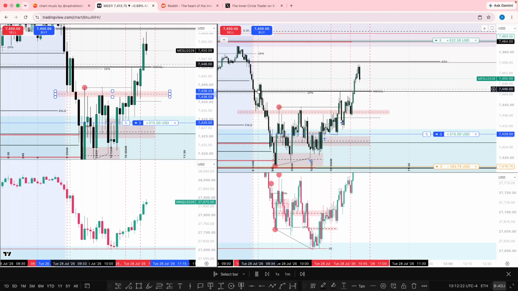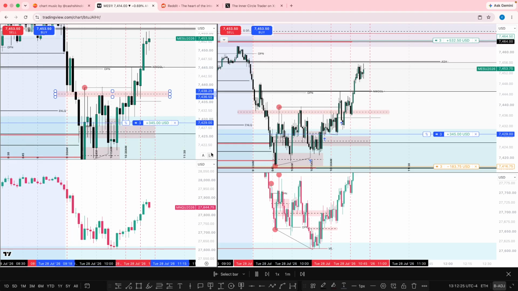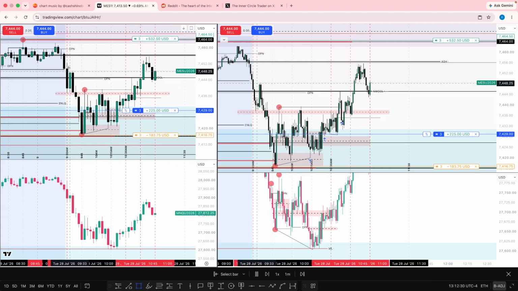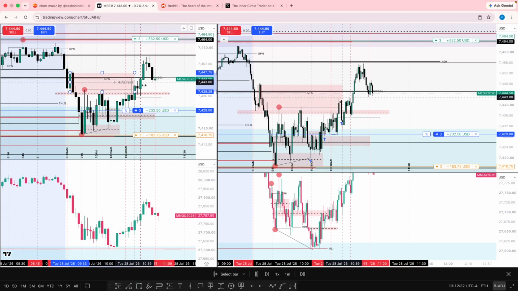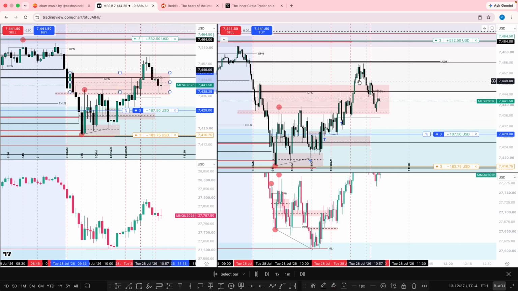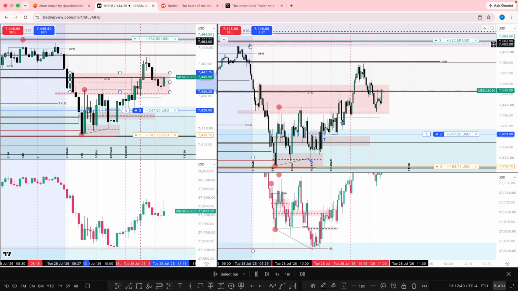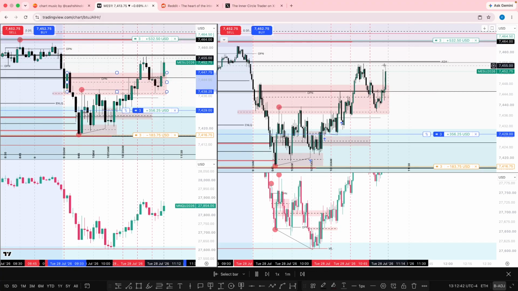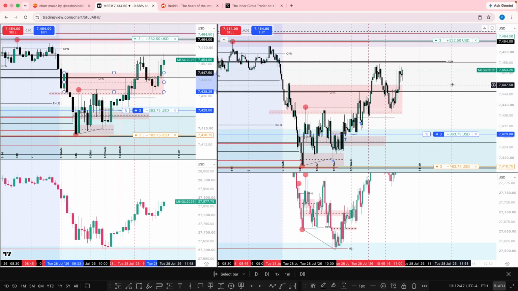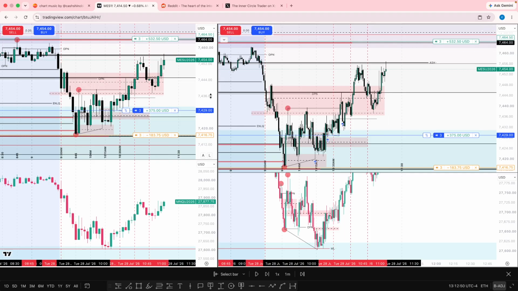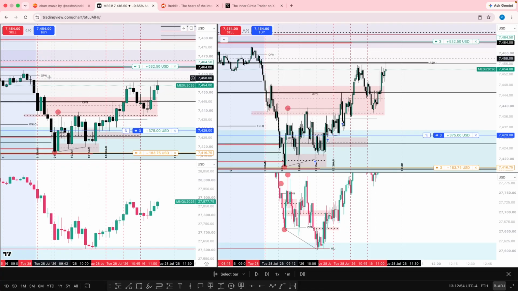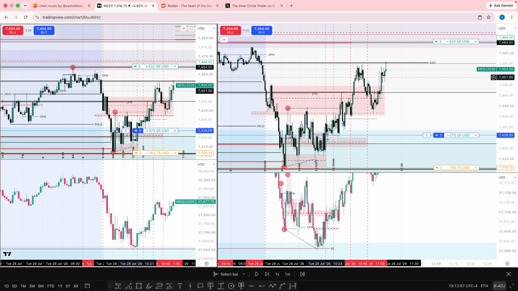Take this, even this whole range, this entire range, and bring it across and study it. See price engineering liquidity across the highs here. We're going to pause price right here. All right, and we got a target right here.